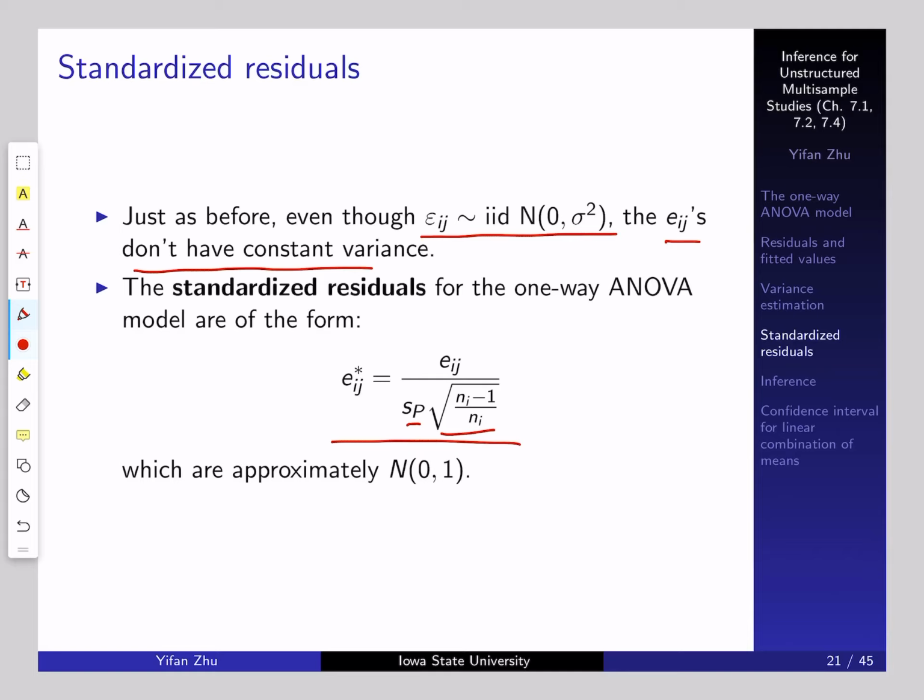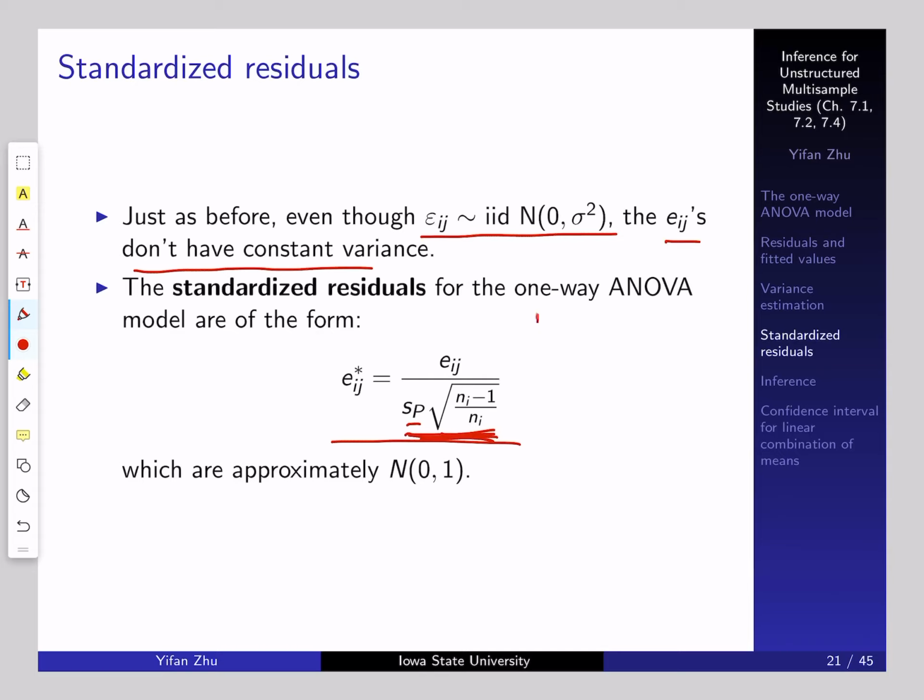So from here you can also see that we are dividing by the same number for the residuals belonging to the same level. So the denominator does not depend on j. Okay. Although the variances are different for e_ij, the variance of e_ij when i is fixed is always the same.